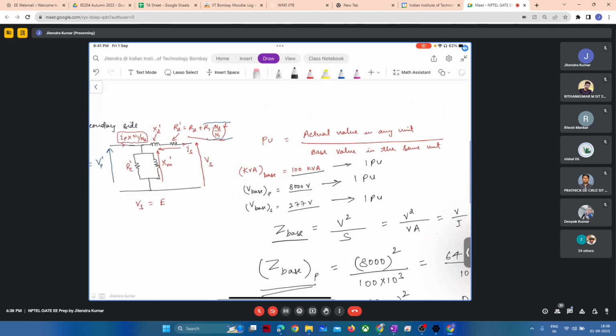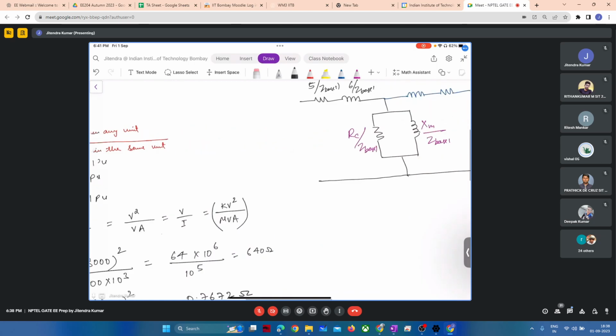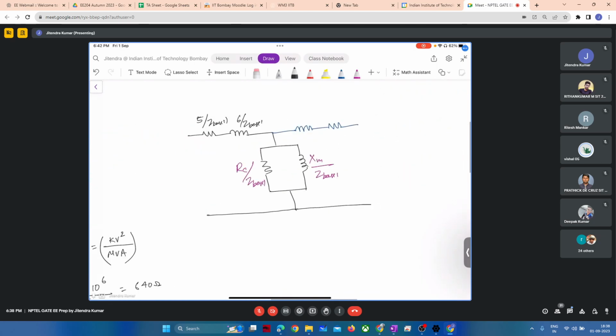We found the base value of the impedance from both sides, and we are just dividing the actual values by the base value, and we get the per unit values of those elements. So that's what we are doing here. Okay, sir. It means if we divide the impedance, we can obtain resistance per unit or reactance per unit.